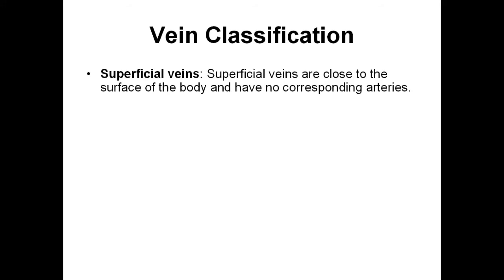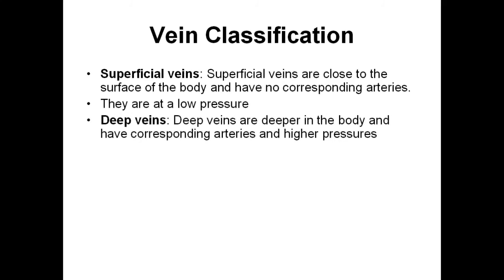We can classify veins. Superficial veins are close to the surface of the body and have no corresponding arteries, and deep veins are deeper in the body, often have an artery running beside them, and are at a much higher pressure. Low pressure superficial veins, high pressure deep veins.